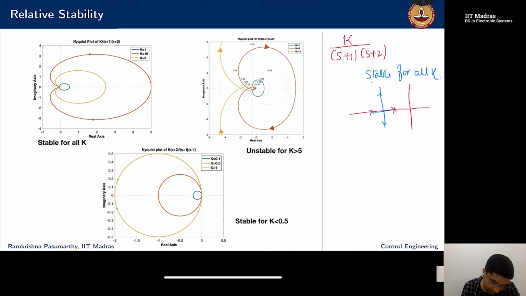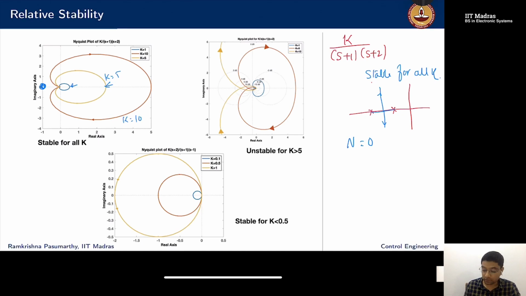How does that show up in the Nyquist plot? My point of interest, minus 1 plus j0, is here. The open loop system is stable, so the closed loop system must have N equal to 0. I start with a smaller value, k equal to 1. The plot is away from my point minus 1 plus j0. The yellow line, k equal to 5, is also away. The red line, k equal to 10, is also away from the point.